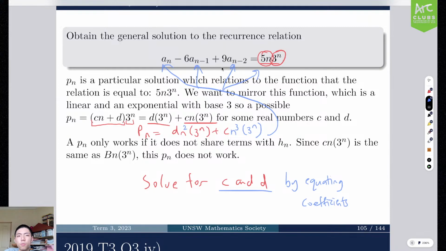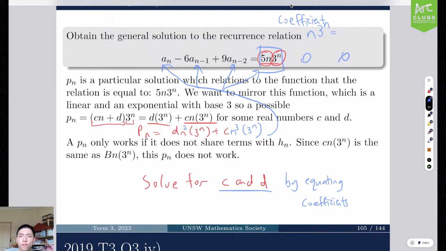After we substitute and simplify, we should only get one term that looks like this, and the remaining terms, because there are no other terms like this, would all be zeros. So the coefficients of everything except the n 3 to the power of n term would be equal to 0, except for this one, where the coefficient is equal to 5.